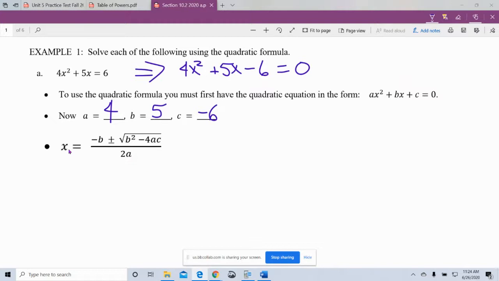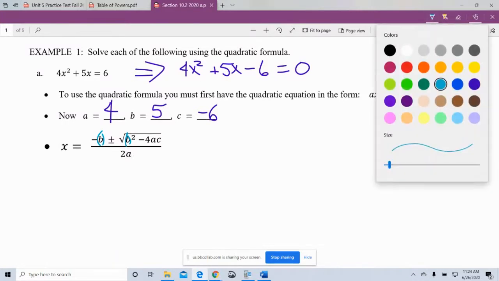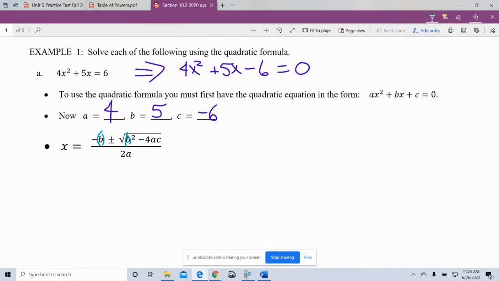So I've written down my quadratic formula, but I also want to remind you that there are some implied parentheses that we just need to make sure that we're paying attention to. So we're going to be taking the opposite of whatever b is. Then we're going to be squaring whatever b is. Then we're also going to make sure that we are keeping track of the fact that this radical has implied parentheses inside of it.